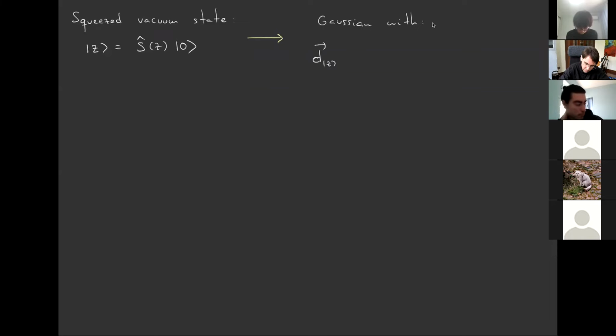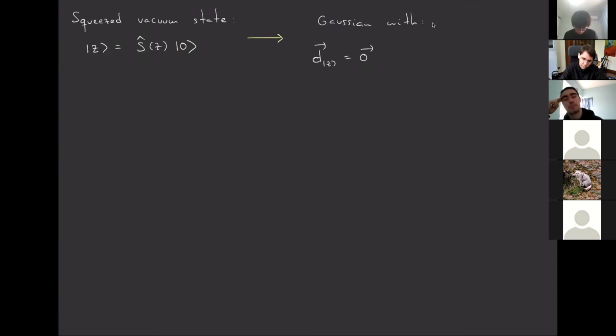Why is it 0? Because the vacuum state is centered at the origin of phase space, so it has 0 displacement. And we have already seen that the squeezing transformation doesn't add any displacement. So a is equal to 0.